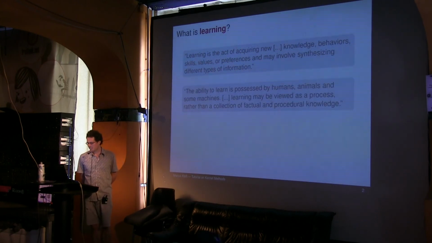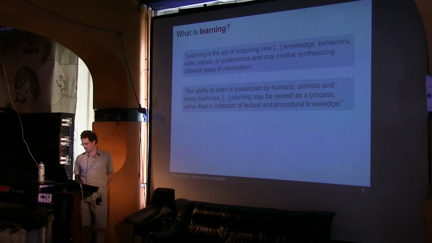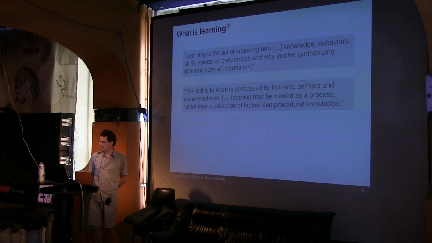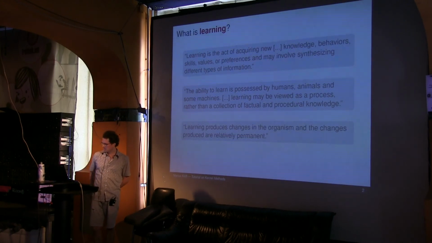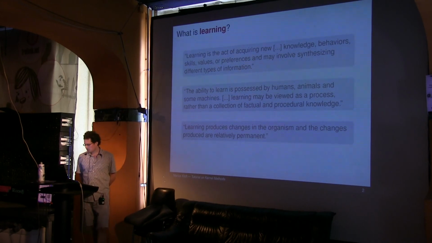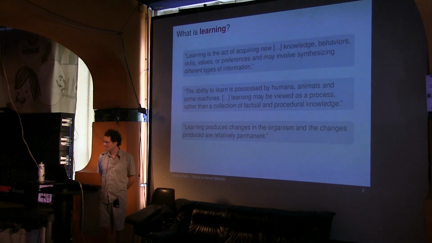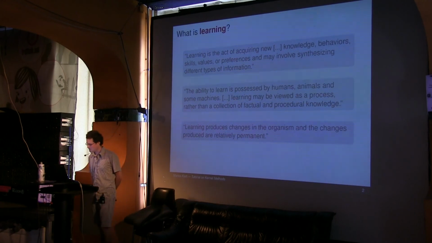Furthermore, the ability to learn is possessed by humans, animals, and some machines. Learning may be viewed as a process rather than a collection of factual and procedural knowledge. And it continues, learning produces changes in the organism, and the changes produced are relatively permanent. And I just included the last one for the neuroscience geeks here, not looking at particular people.